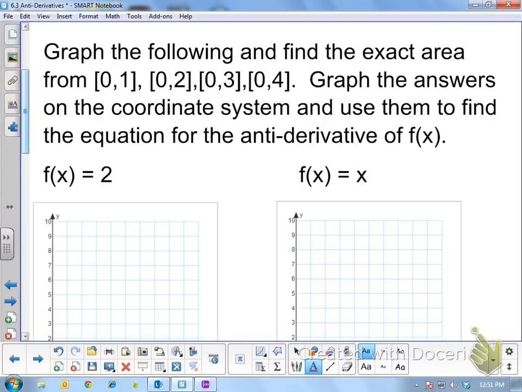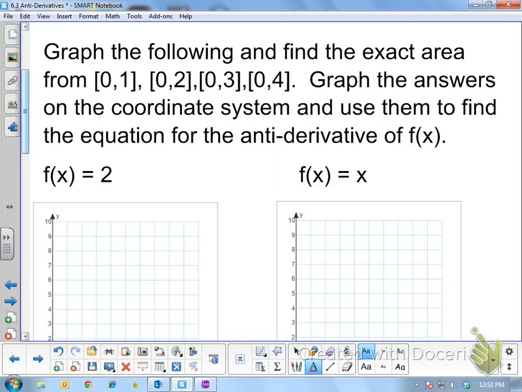Then we're going to find the exact area from 0 to 2, 0 to 3, 0 to 4. We could keep going. We're going to graph the answers on the coordinate system and use them to find the equation of the antiderivative, because we've already established that finding area under the curve is the opposite of differentiation.